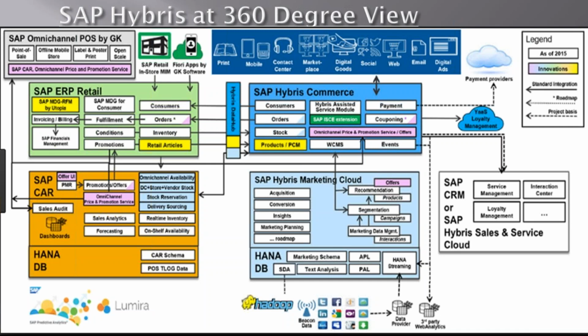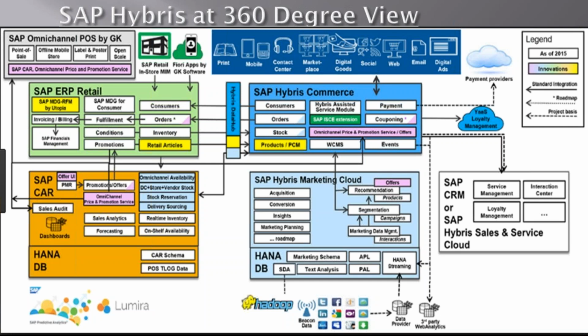The e-commerce system becomes the gateway for all online B2B and B2C customers. E-commerce has the capability to interact with the ERP system, the CRM system, SAP Hybris sales and service cloud environments, and the HANA database, so it is quite compatible to integrate with other technology.